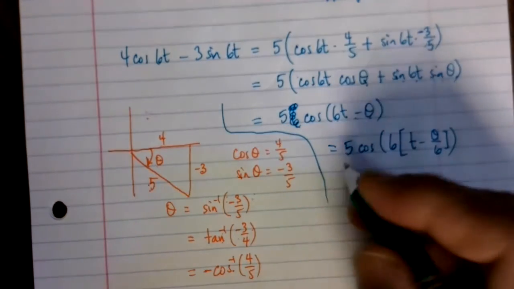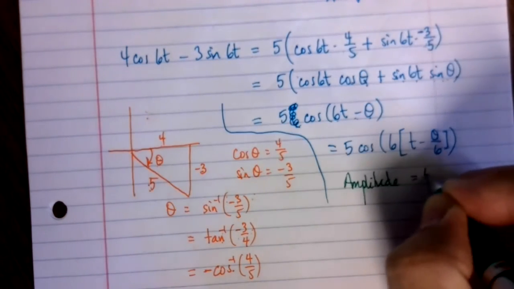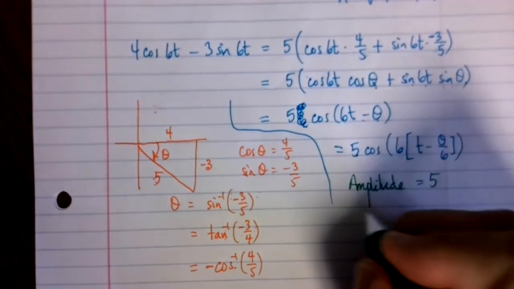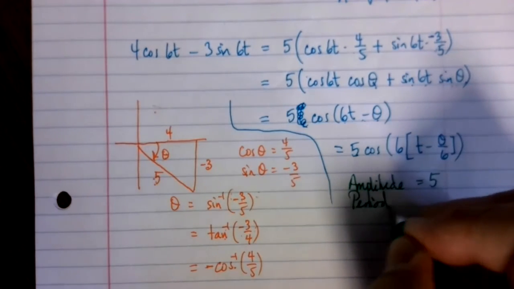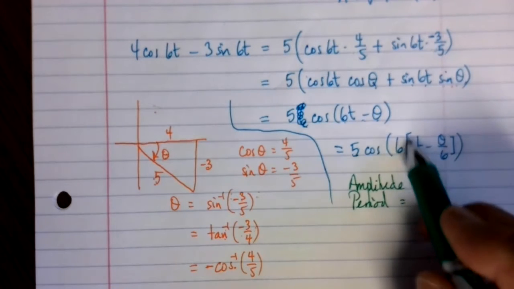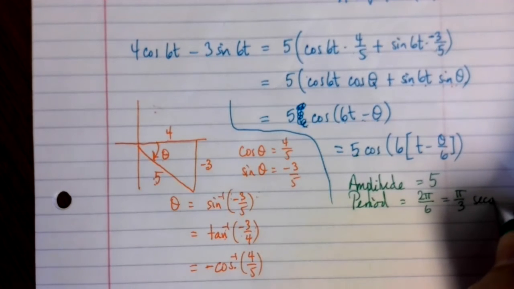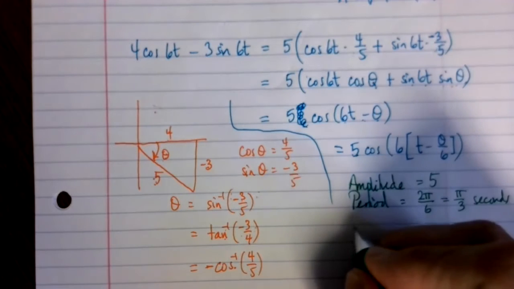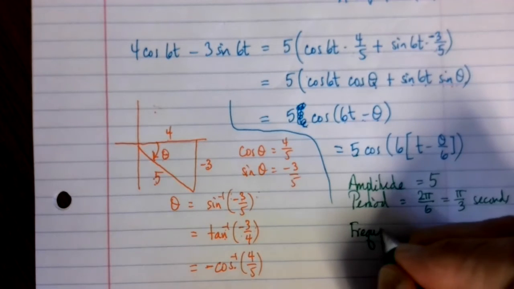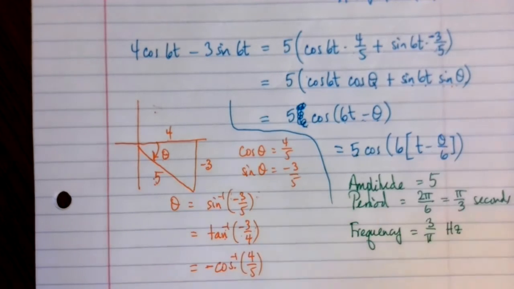All right, so reading off the information, the amplitude is indeed equal to 5, just looking at the number here. The period will be equal to 2 pi over 6 from this 6 here, which is equal to pi over 3, and the units here are seconds, with t in seconds. The frequency will be equal to the reciprocal of this, so 3 over pi hertz.